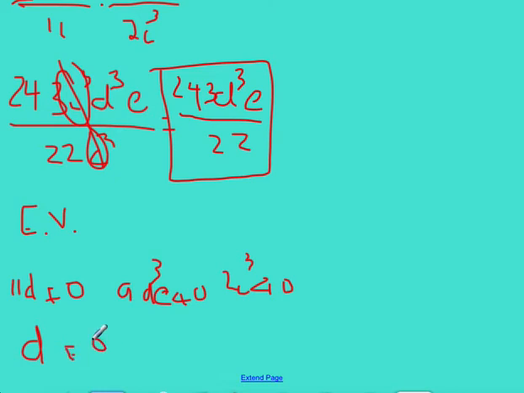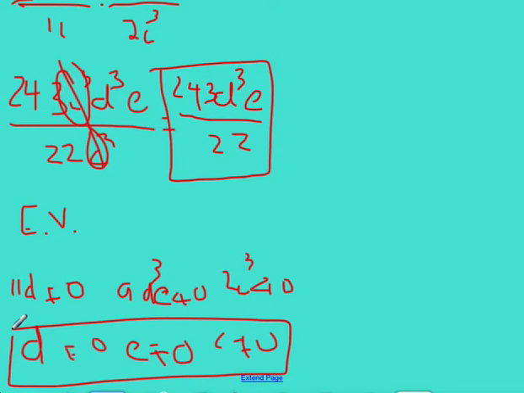And then we have 9D cubed E. Well, we already know that D cannot be equal to 0, but if E was equal to 0, that would multiply to 0. So we now need to say that E cannot be equal to 0. Likewise, 2C cubed cannot be equal to 0, so that means that C cannot be equal to 0. So this right here is our final answer for number 5.